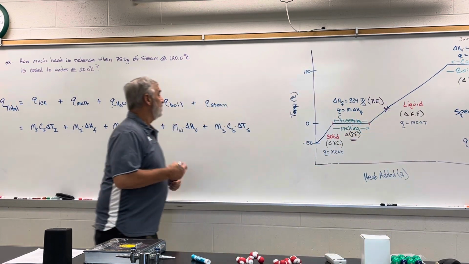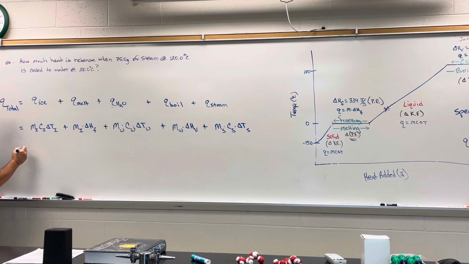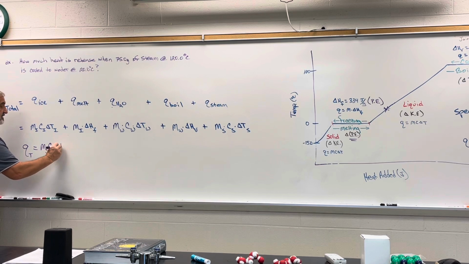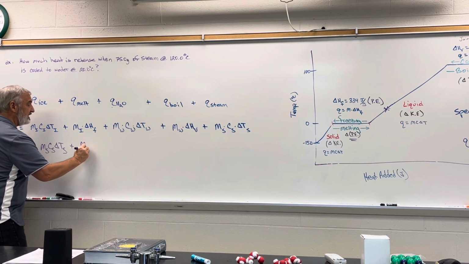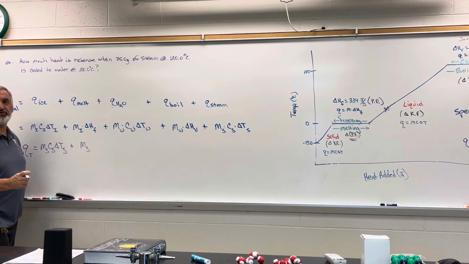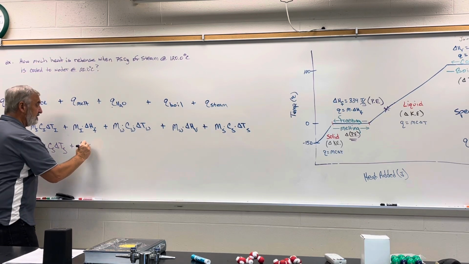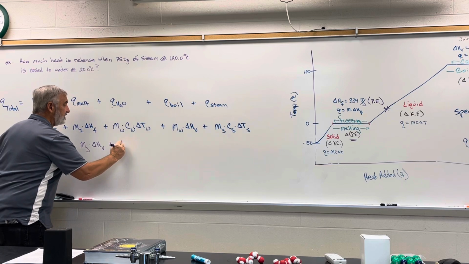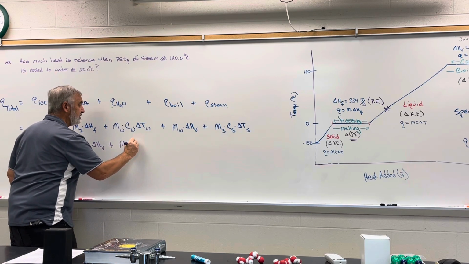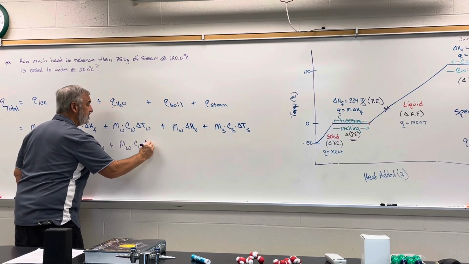Now, my Q total is going to equal the mass of the steam, specific heat of the steam, change in temperature of the steam, plus the mass of the steam. What do we use for condensing? It's still going to be your delta Hv, your delta heat of vaporization, plus the mass of the now water times specific heat of the water times the change in temperature of the water.